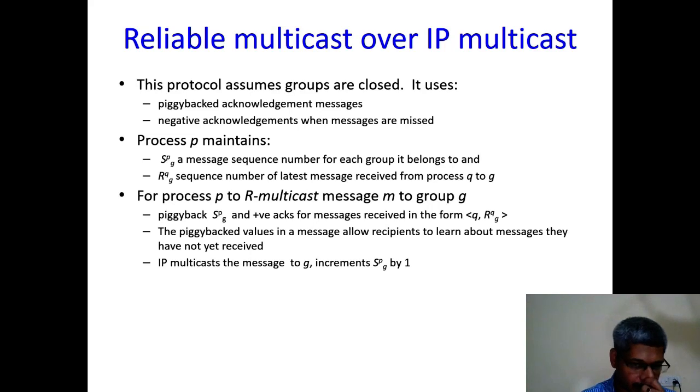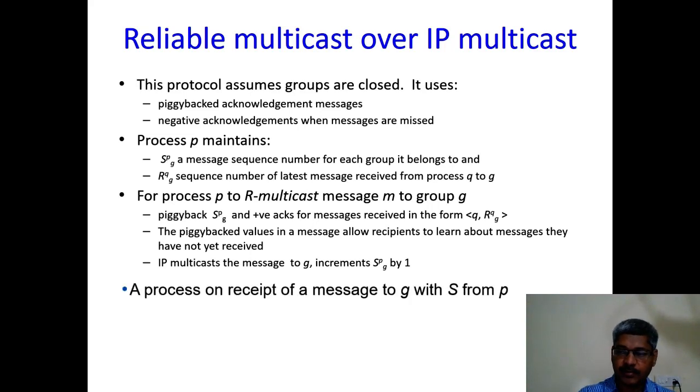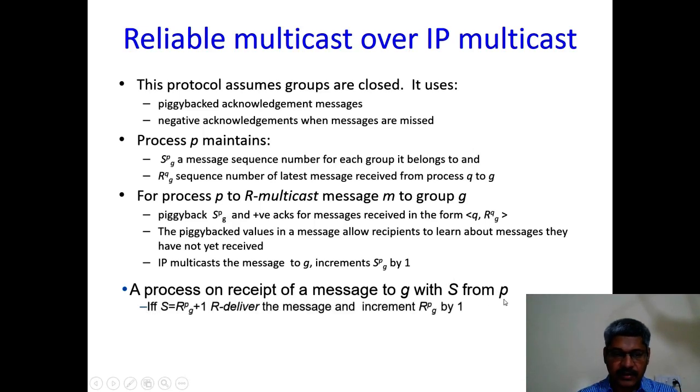and that's what you are multicasting with the piggyback. Now at the receiving side, a process which receives this particular message, targeted for group G, and which has a value of S, the source sequence number, will try to get its RPG.